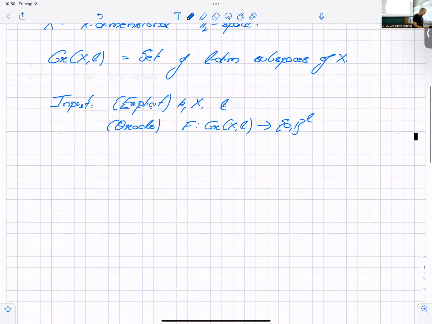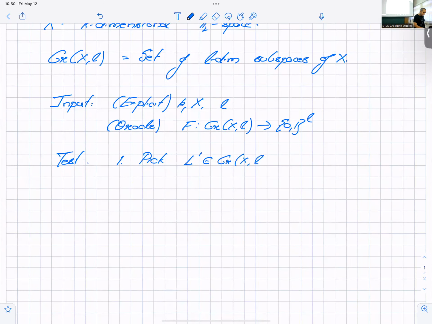And what was the test? The test was this very simple thing: pick a random L' dimensional space in Gr(X, L-1) at random. Pick L1 and L2 from Gr(X, L) such that L1 intersection L2 is L'.